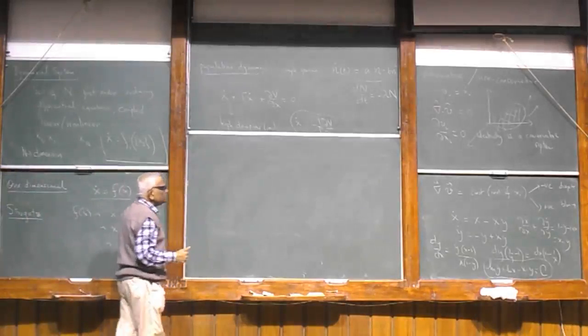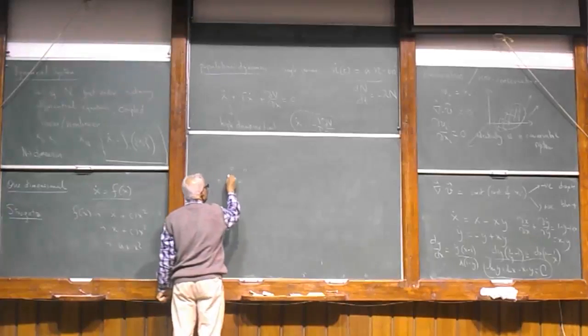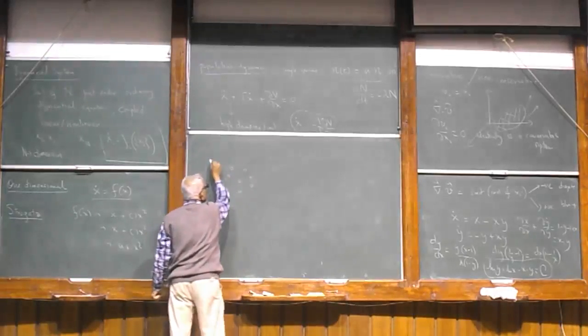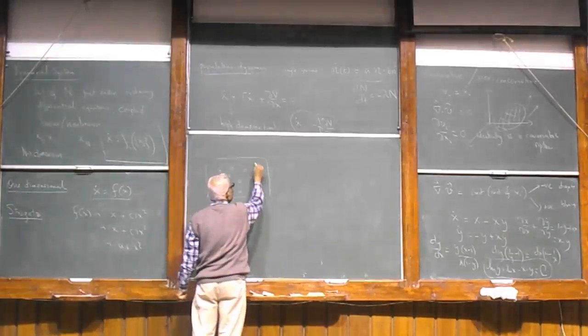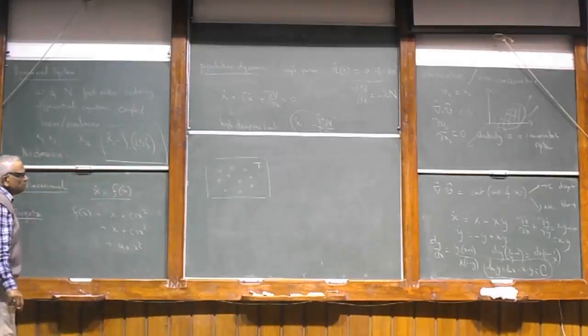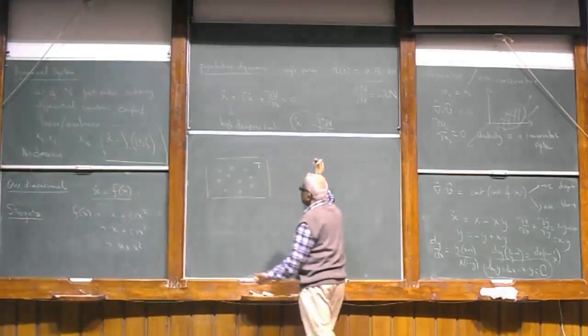So imagine that I have a set of independent particles in thermal equilibrium at a temperature T. What do I know about them?